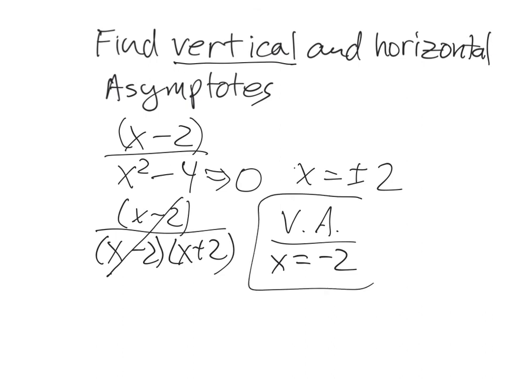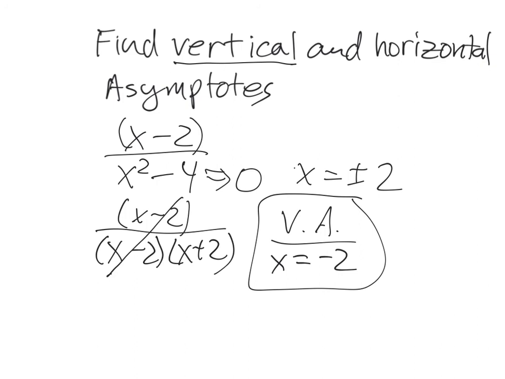And also, it's not just that the vertical asymptote is negative 2. Negative 2 is a number, not a vertical asymptote. It's got to be x equals negative 2 to show the vertical line.